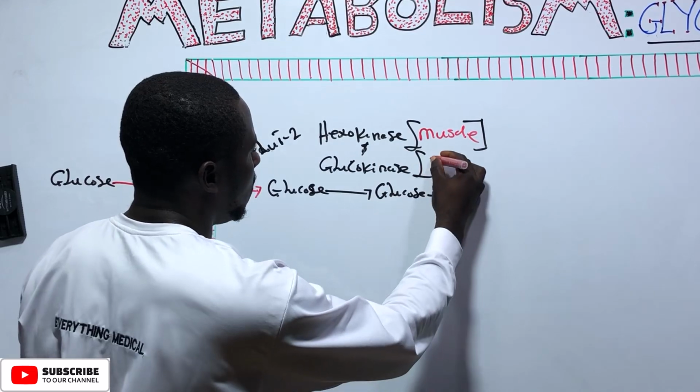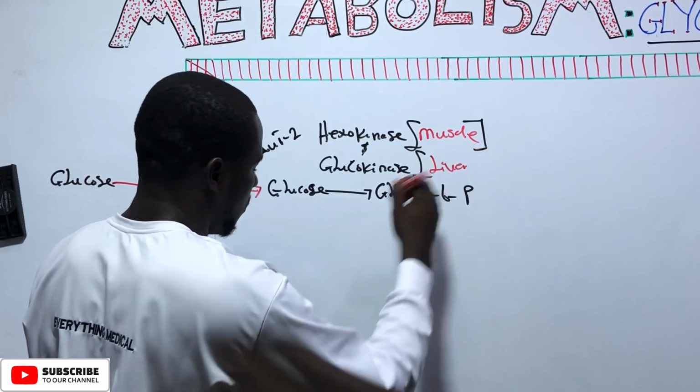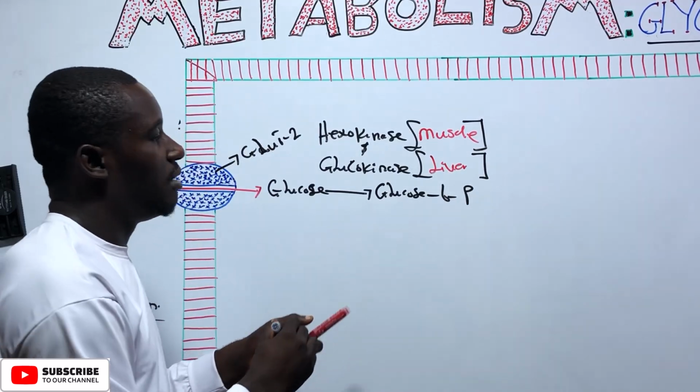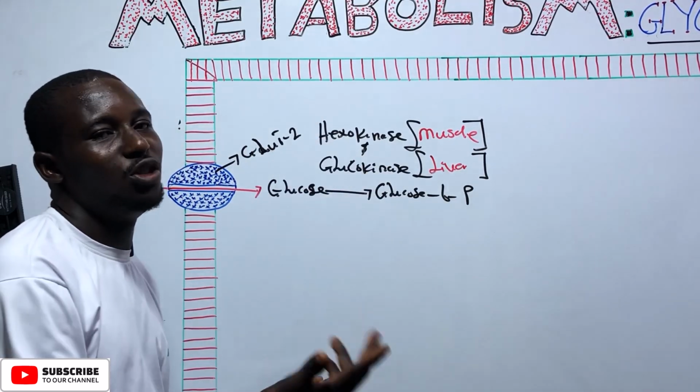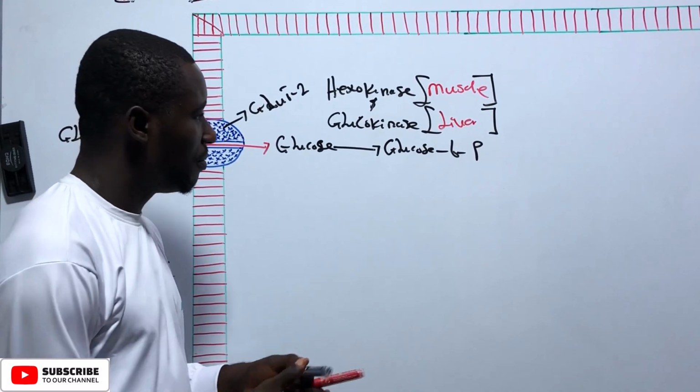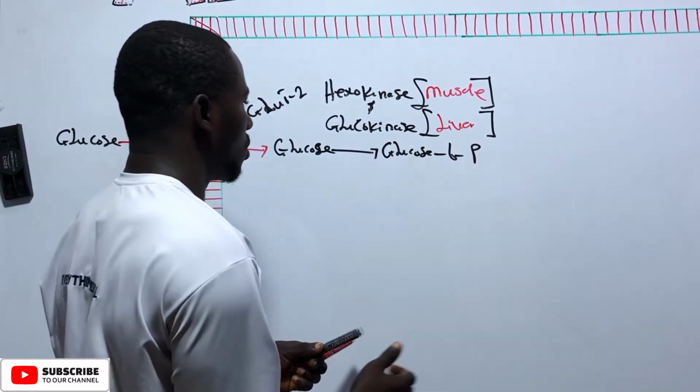So it's liver. Why do we write muscle and liver here? Because this pathway takes place in two different organs. One is the muscle, as we have treated, and one is the liver.